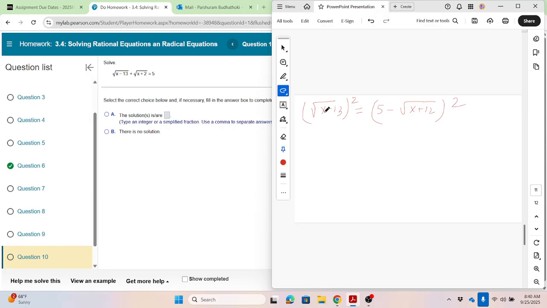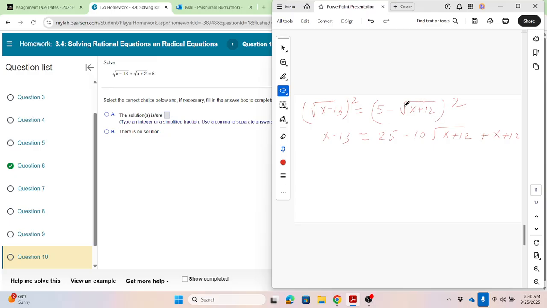By doing that, this x minus 13, that's what you see on the left side, and on the right side, if you square it, it will be 25 minus 10 square root of x plus 12, plus the square of that square root, which would be x plus 12.